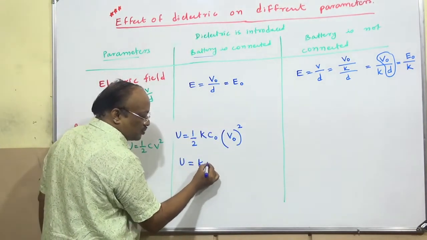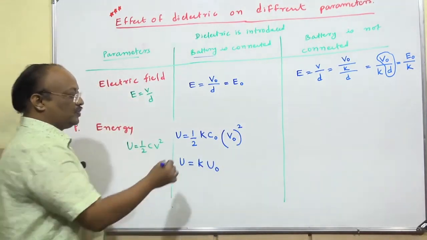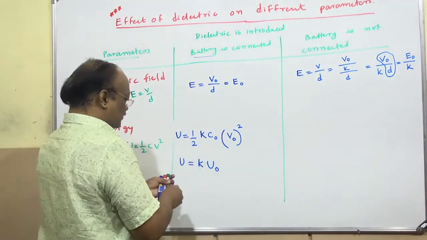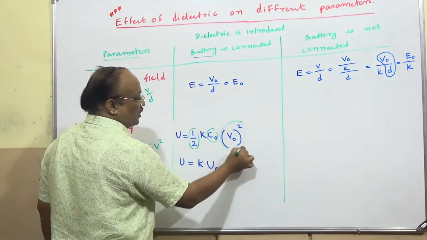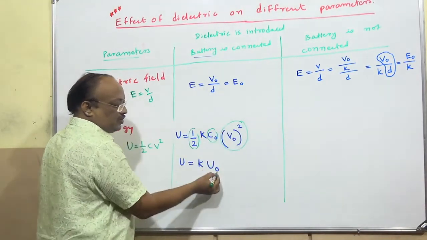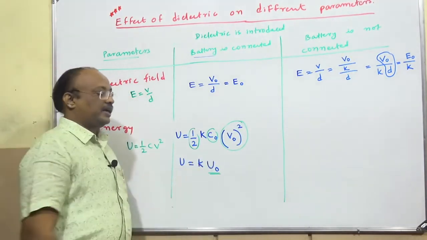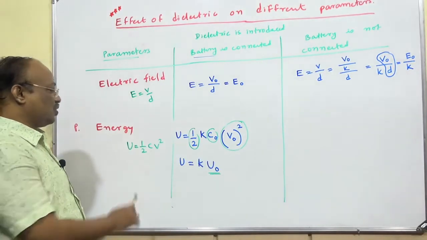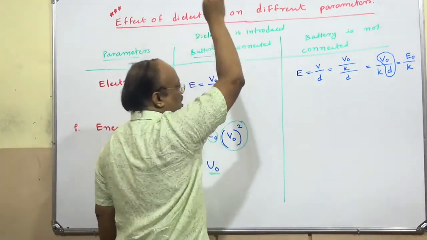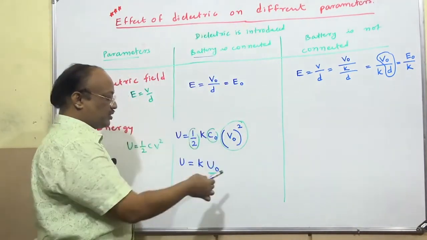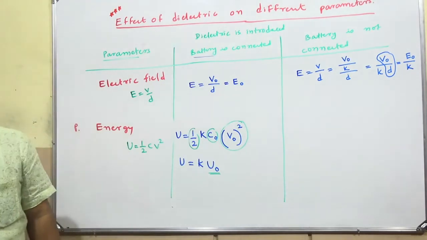So this becomes K times of U naught. This half C naught V naught square is nothing but your U naught. So it becomes K times of U naught. The potential energy, when a dielectric is introduced and a battery is connected to it, becomes K times of U naught.